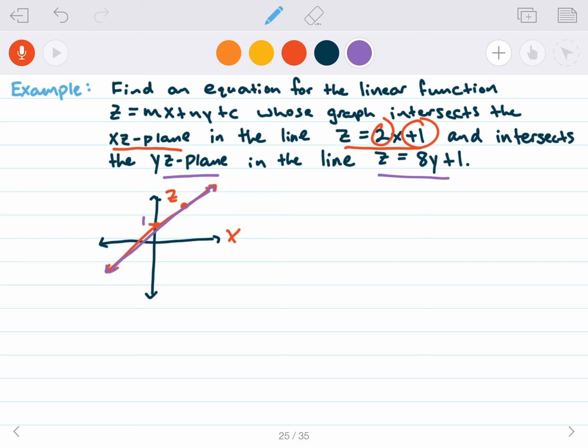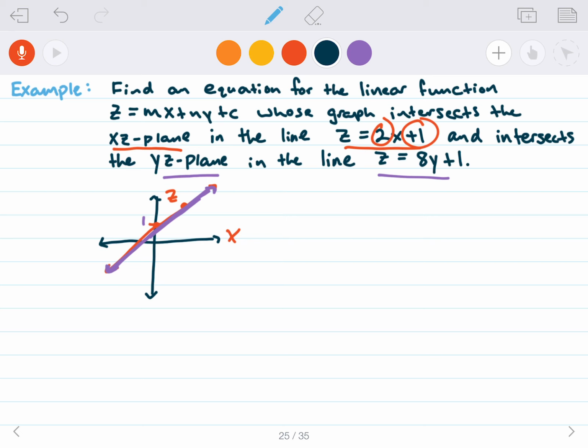It would intersect in a point if it only hit in one spot. But the plane is infinitely long in both directions, as well as this line. So that's our little sketch for the line in the xz plane.